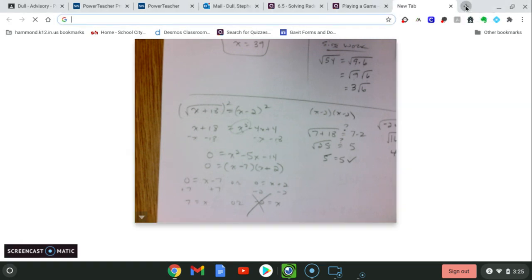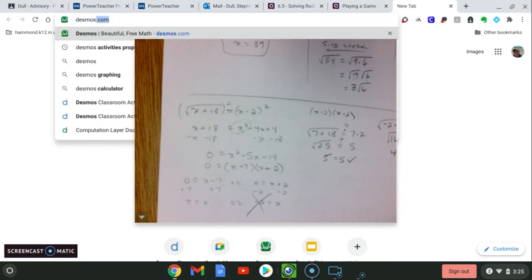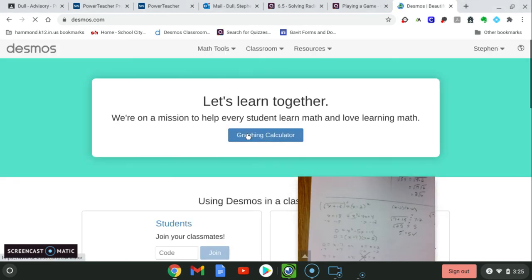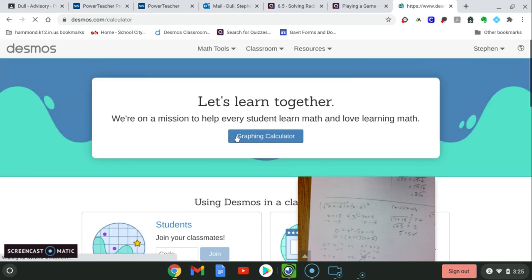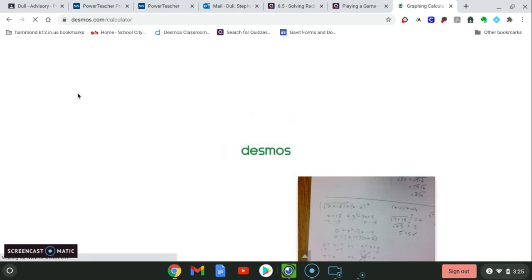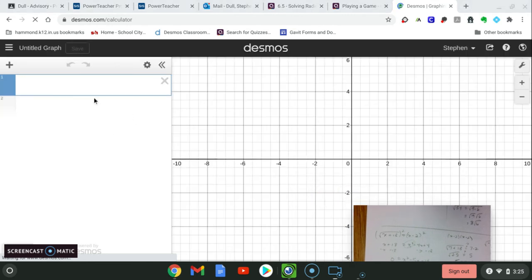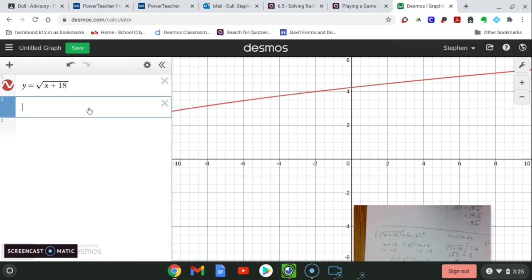And I want to go ahead and take a look at a visual on that so we can see why that is. So let's jump over to Desmos real quick. And let's go ahead and graph y equals square root of x plus 18, y equals x minus 2.